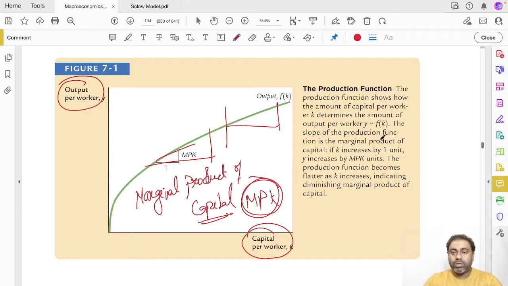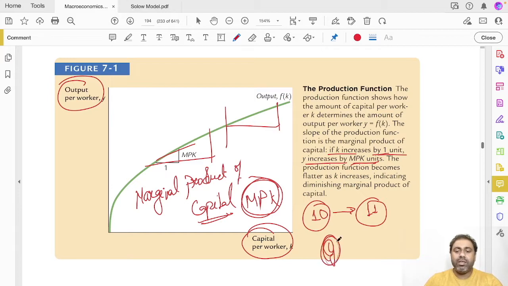The slope of the production function is the marginal product of capital. If K increases by 1 unit, Y increases by MPK units. Let's say the capital is 10, now you have increased it to 11. What is the change in Y? This change in Y is denoted by MPK.